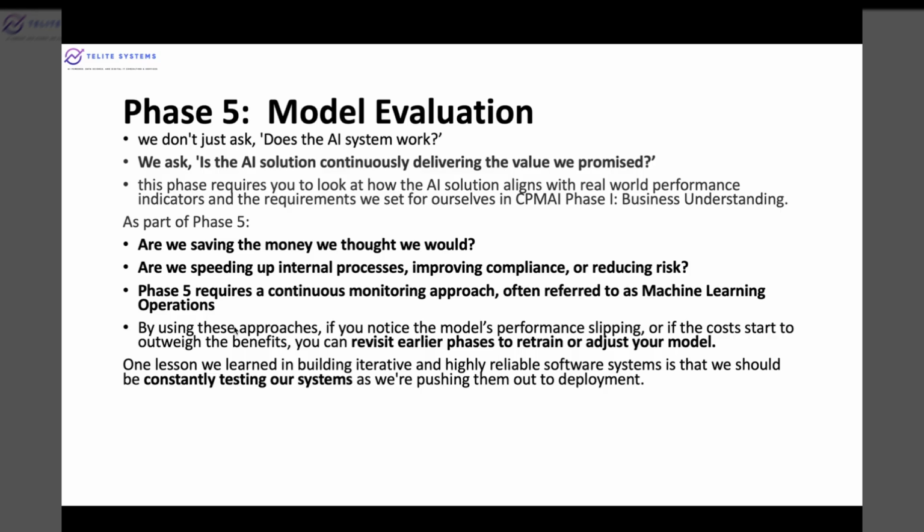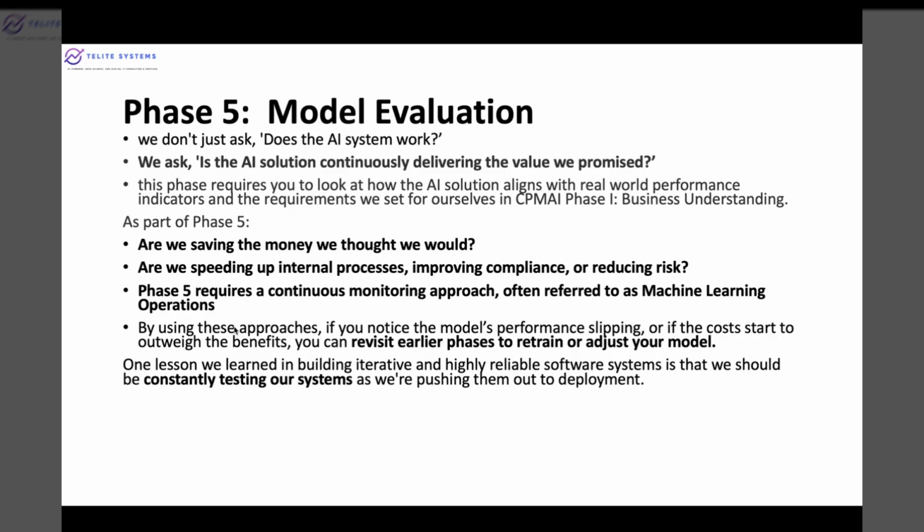Phase 5 requires a continuous monitoring approach, often referred to as machine learning operations. By using these approaches, if you notice the model performance slipping, or if the costs start to outweigh the benefits, you can revisit earlier phases to retrain or adjust your model.